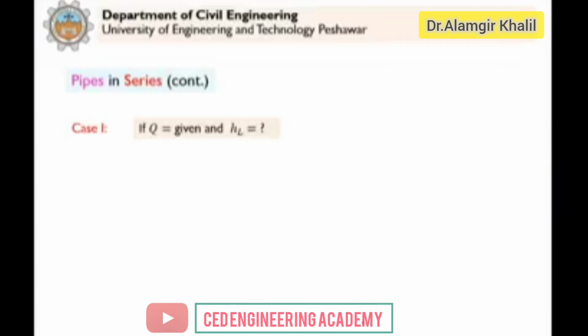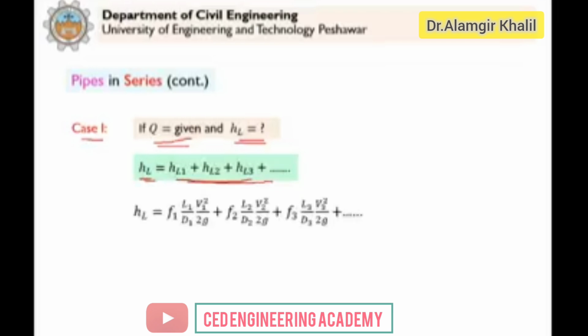So now, how to solve such types of problems? For example, we consider case 1, in which discharge is given, and we are going to calculate the head loss. So how to proceed? The head loss will be equal to the sum of the head losses in the individual pipes, as we already discussed. And this HL is given by the Darcy-Weisbach formula.